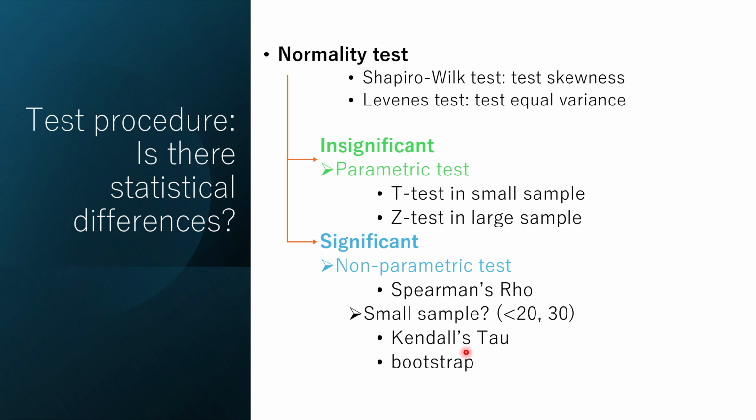For example, the Kendall tau test for a small sample. Some textbooks say that if the sample size is under 20 or 30, Kendall tau can be considered. And if the sample size is large enough, or the normality assumption is satisfied, then you can use the t-test for a small sample and the z-test for a large sample.